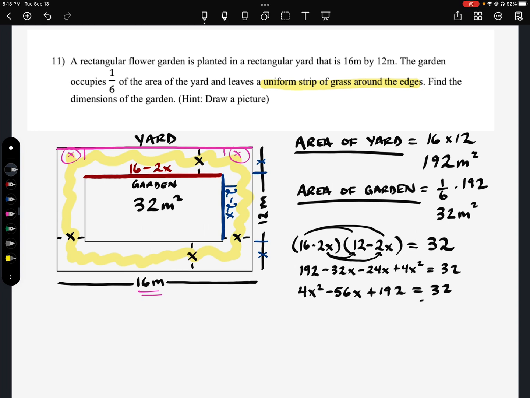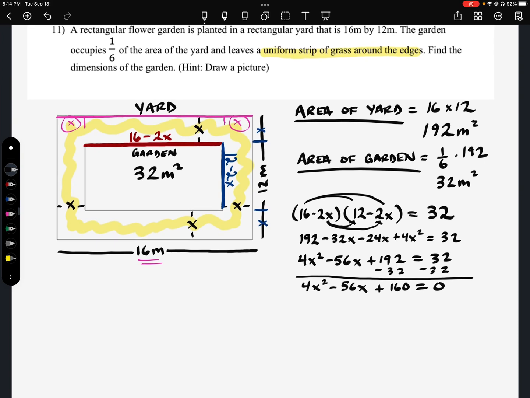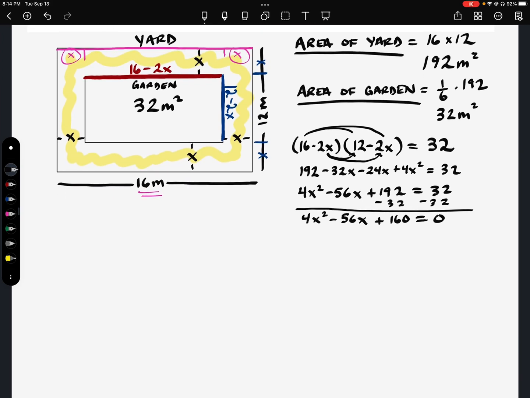And in order to solve it, right, we're going to need to subtract 32 from each side, so we set it equal to 0. We've got 4x squared minus 56x plus 160 equals 0. And now we are looking at the part of this where we need to factor it.